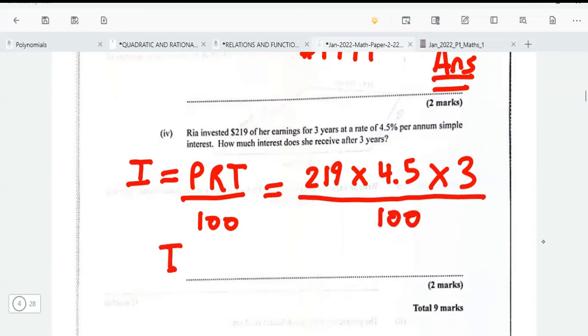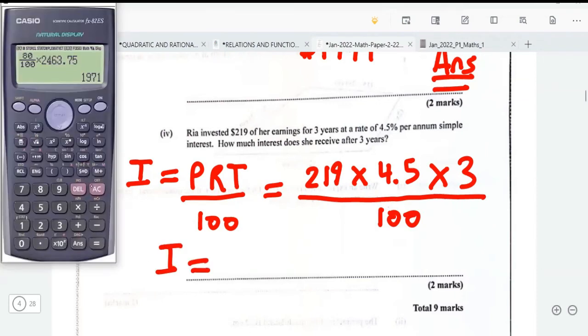And so this will give us her interest. Put it in your calculator: 219 multiplied by 4.5 multiplied by 3, and make sure to divide it by 100.